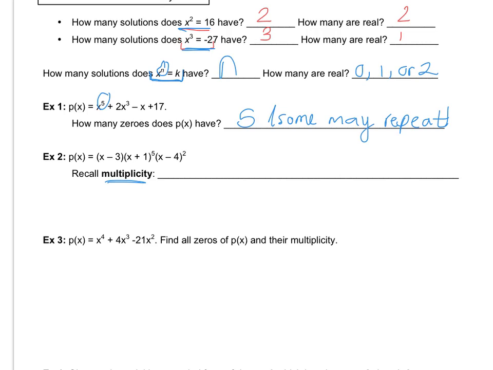So if we look at example 2 here, and we're talking about multiplicity. If we've got x minus 3 as a factor, then we have the zero x equals 3, and because the exponent of that factor is just 1, it's got a multiplicity of 1. So again, multiplicity is just the number of times a zero occurs.